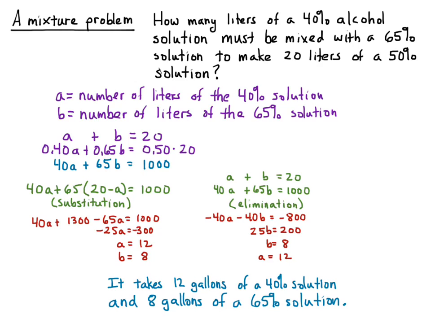So with two equations, two unknowns, there's lots of ways to do it. With three equations and three unknowns and more, we're going to find elimination is way more organized than substitution. Substitution, you're going to have to make lots of substitutions. With elimination, you still make a lot of eliminations, but they stay pretty well organized.